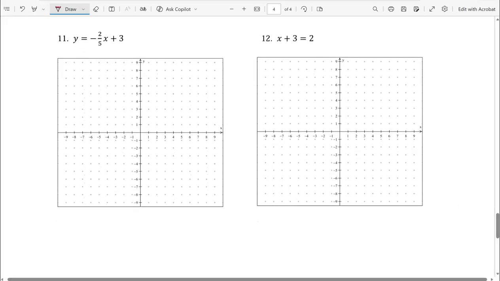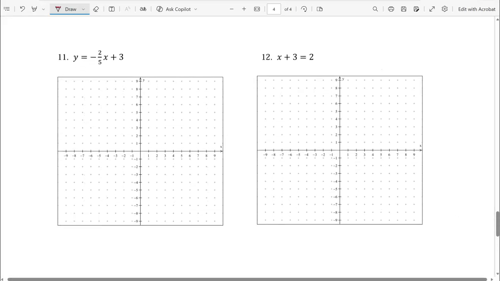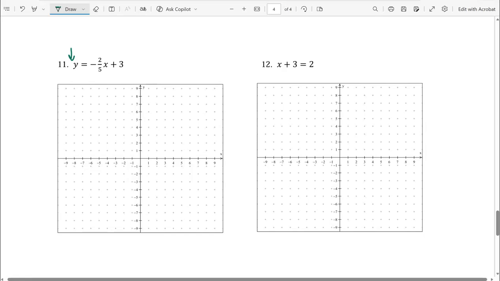Number 11. Now, number 11 shifted gears on us a little bit because now y is alone. And when y is by itself, we are in the form y equals mx plus b. Whatever number is in front of my x, so in this case the negative 2/5, is what I use for my slope.